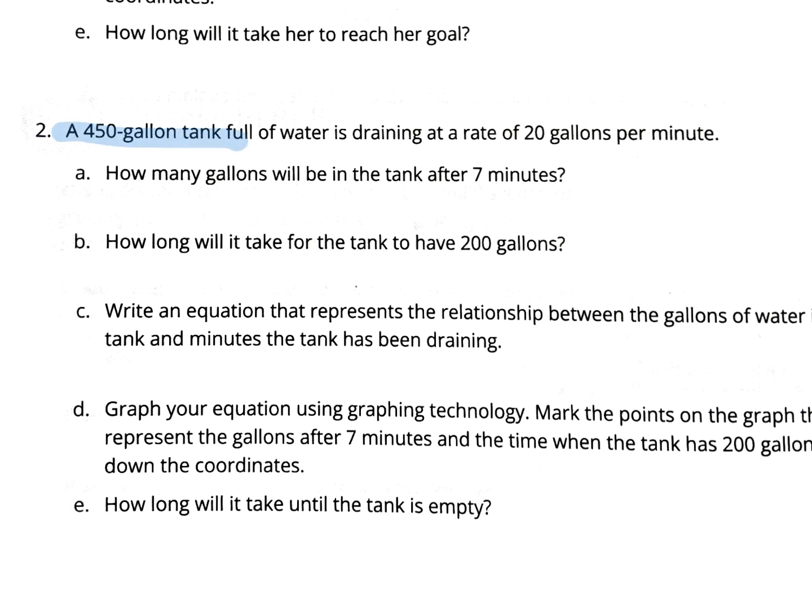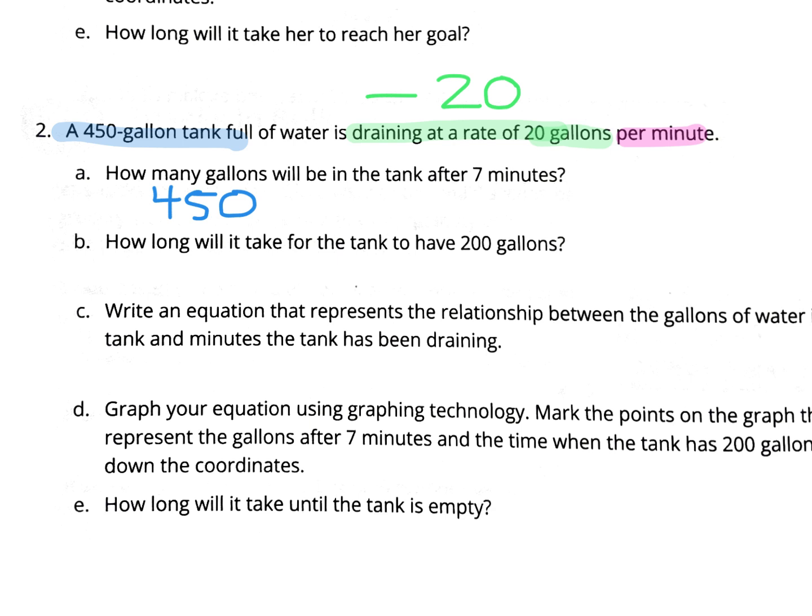So that 450 is going to be your initial amount, and then it's draining, so that means we're taking away water. So minus 20 gallons. And then per minute means that we are going to multiply.